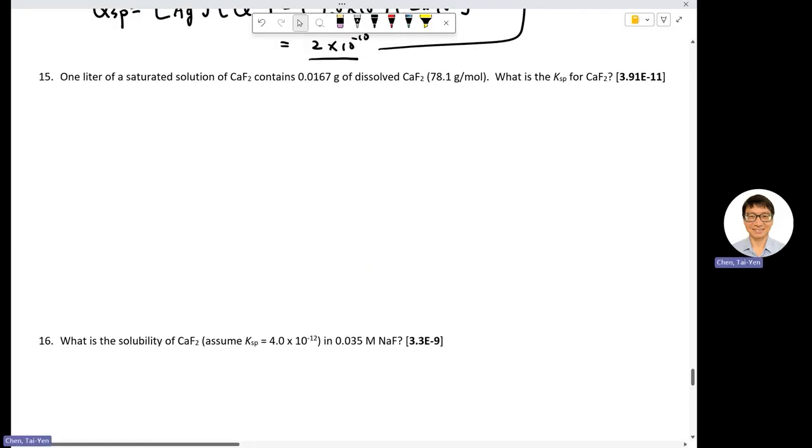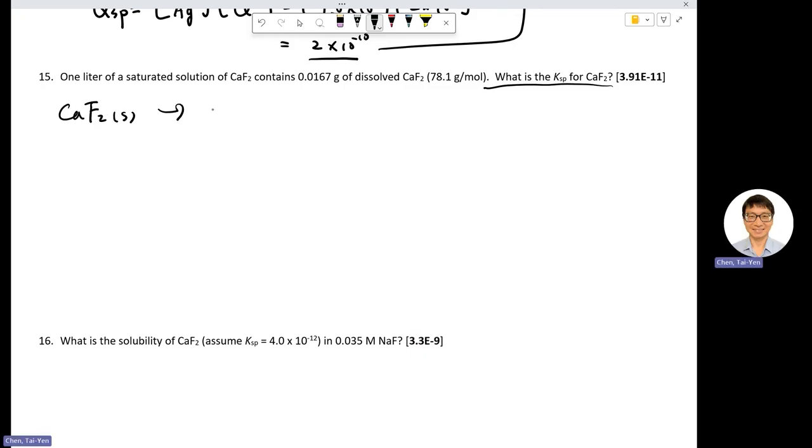1 liter of saturated solution of CaF2 contains 0.016 gram of dissolved CaF2. What is the KSP of CaF2? Okay, so again, you know your target is CaF2, right?